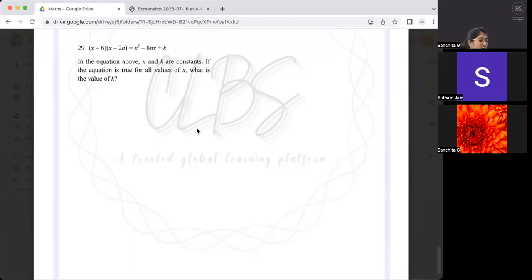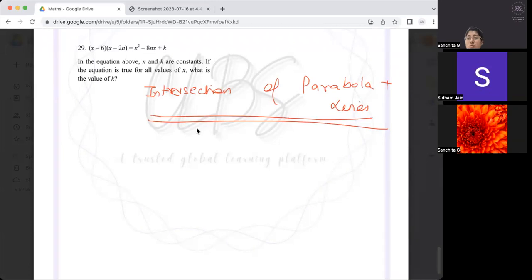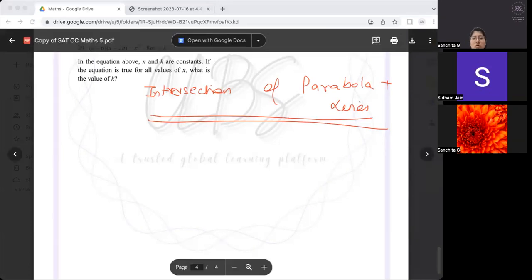Suppose you can have the intersection of a parabola, a quadratic, and a line. A parabola and a line are intersecting, so you may be asked to find the area. Area questions are very, very common.